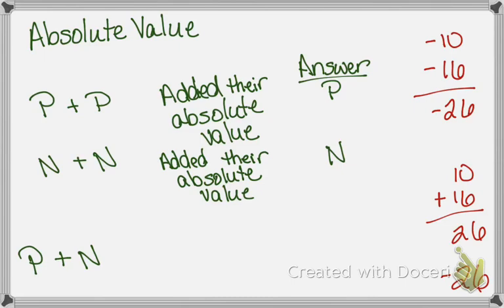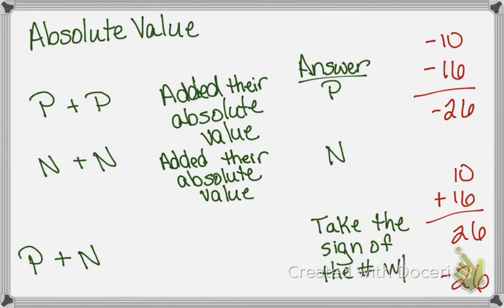So your answer is you are going to take the sign of the number with greater absolute value. And my students for years complained to me about this. Take the sign of the number with greater absolute value. Because you learned, take the sign with the bigger number.